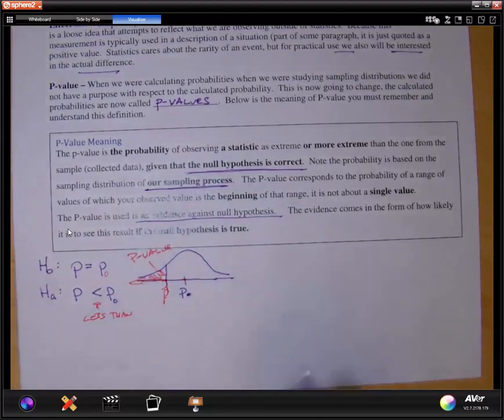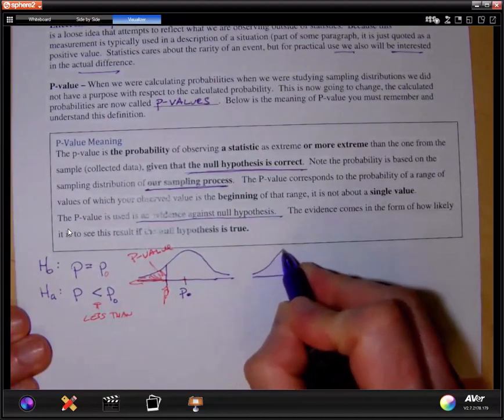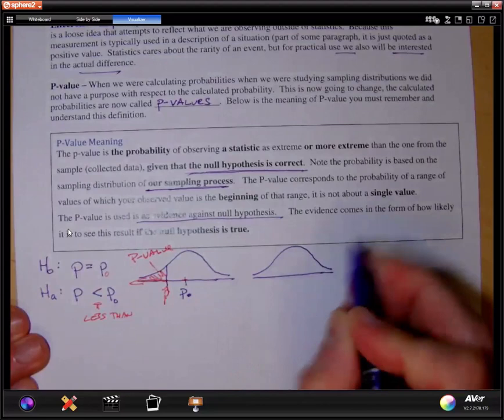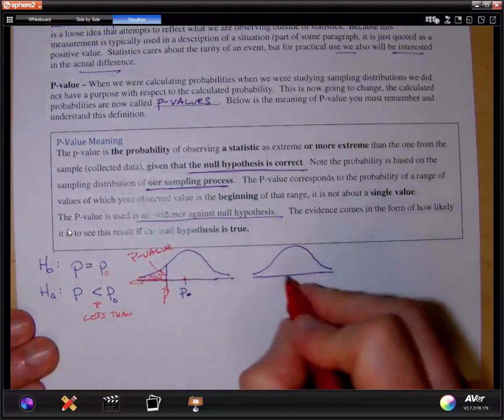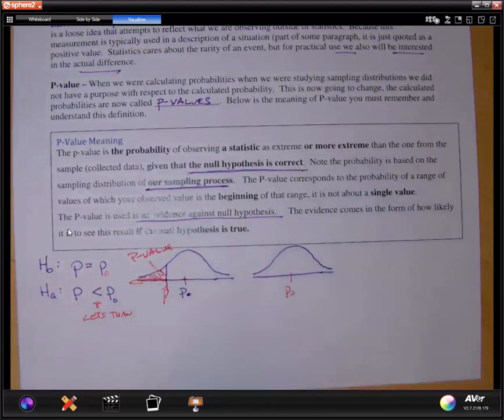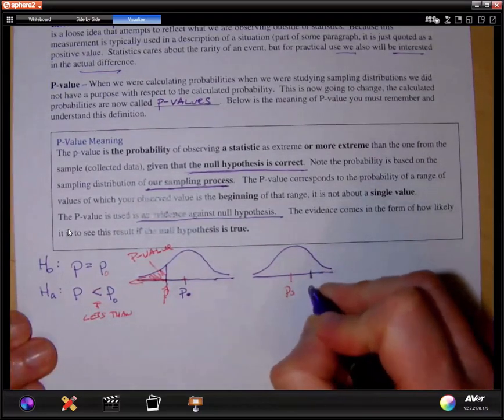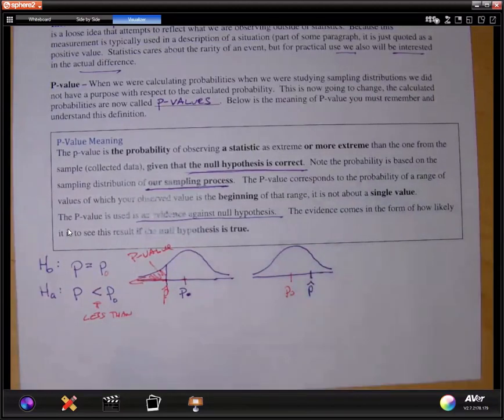What if it landed, I'm gonna draw another picture. What if it had been this? And where is p hat land? Let's say p hat landed right here. Same, so notice the direction is based on this.